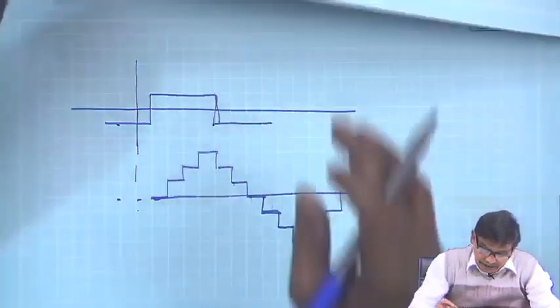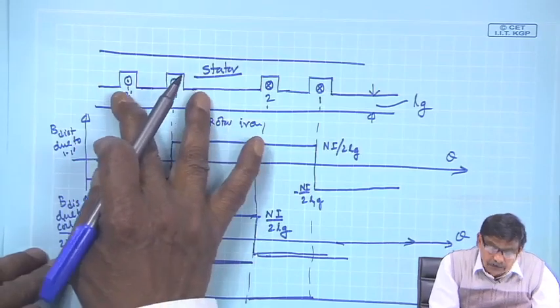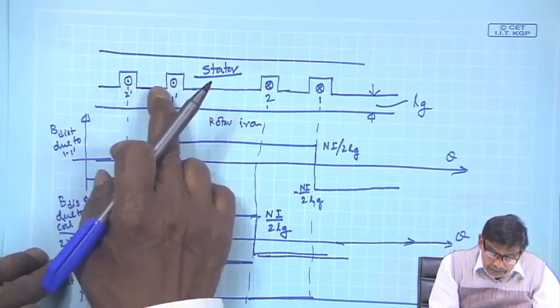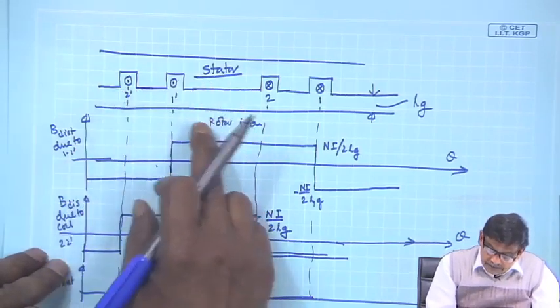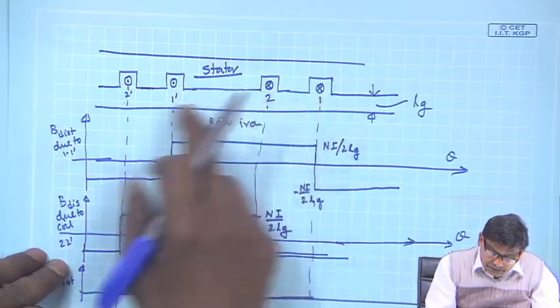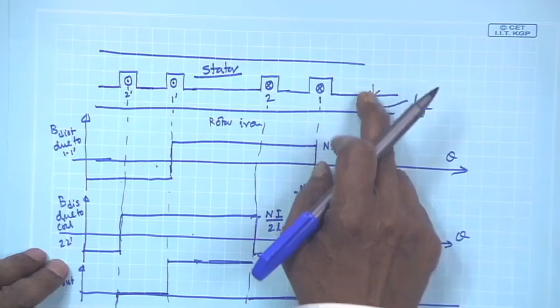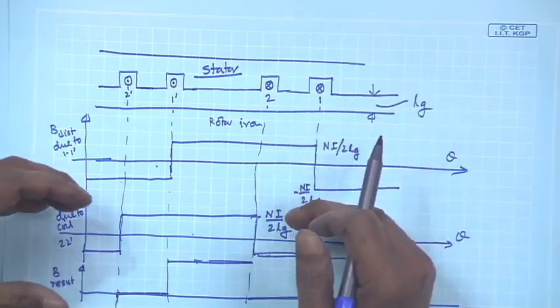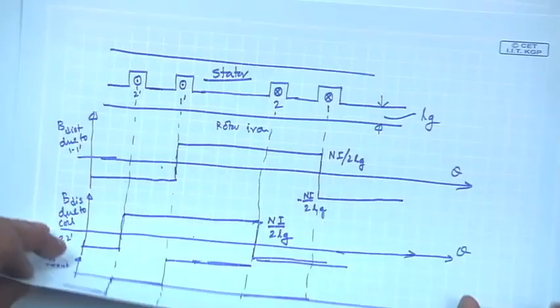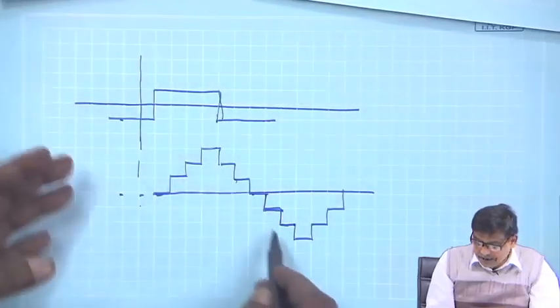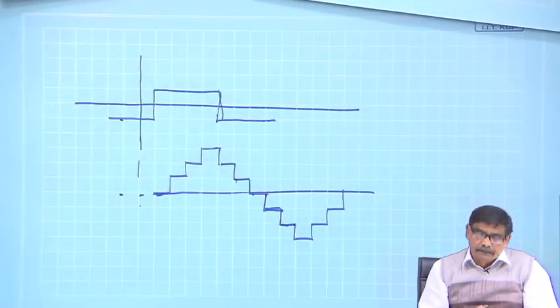Instead of 2 coils, if you use 3 coils separated by the same distance, 1 dashed, 2 dashed, use another coil 3 dashed, and add them up, you will get a waveform which may resemble this.